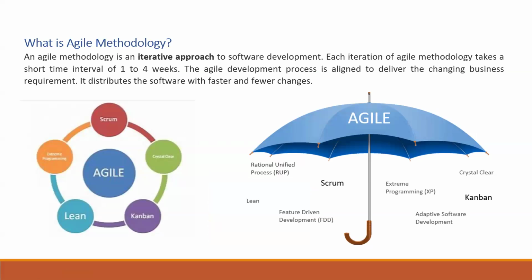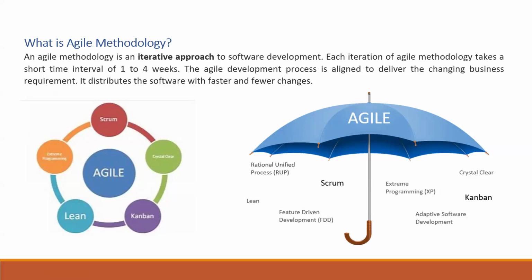That means you will not deliver in one shot, but you will deliver the product or value in business cycles, in a cyclic fashion. It's an iterative approach to software development.